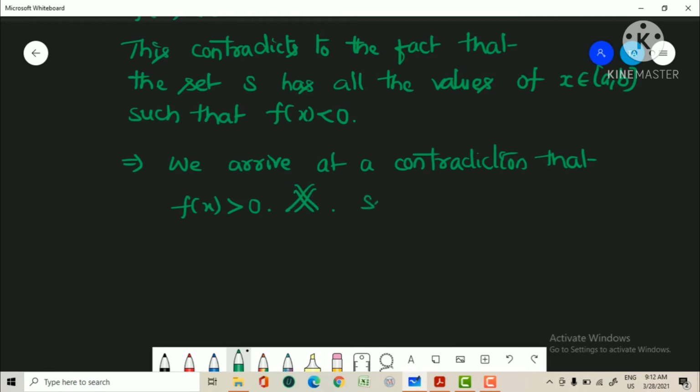So case 1 is not possible. Case 1 is not possible.